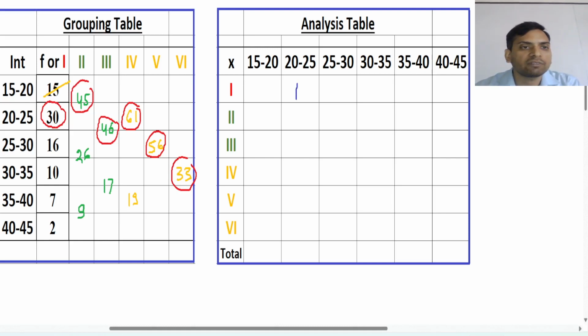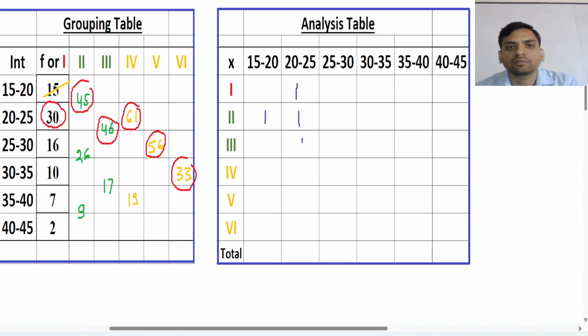And for this 45, this 45 maximum is for this 15 and 30. This means 15 to 20 and 20 to 25. So for this one and this one. And this 46 is the summation of this 30 and 16. So summation of 20 to 25, 25 to 30.